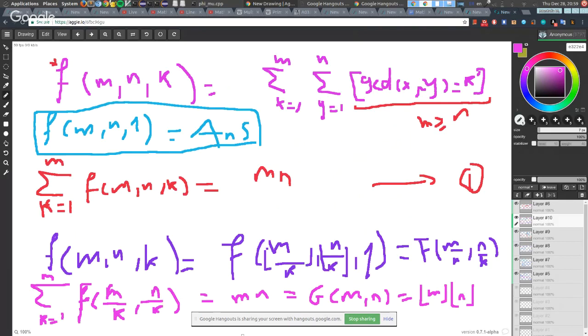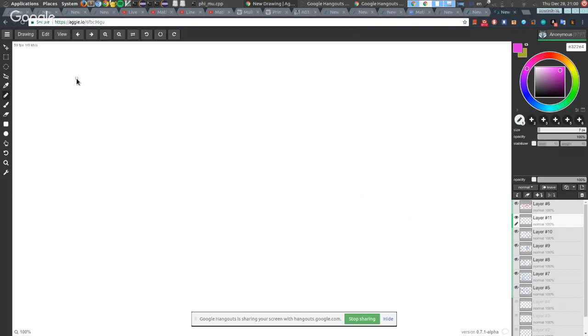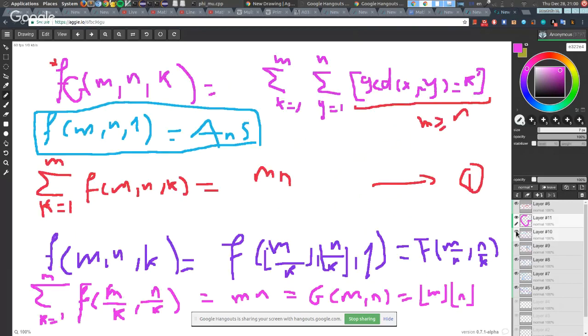So here we have a direct application of the theorem that we proved. So we have here that g of m and n is equal to this expression. You can say directly that we already have a definition for g and we want to get the f. So we just do this by inversion.